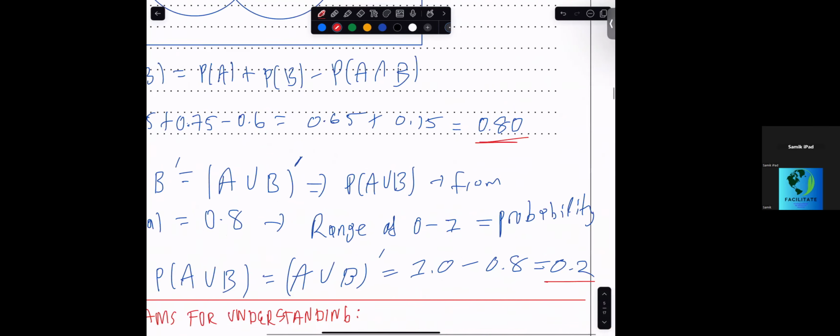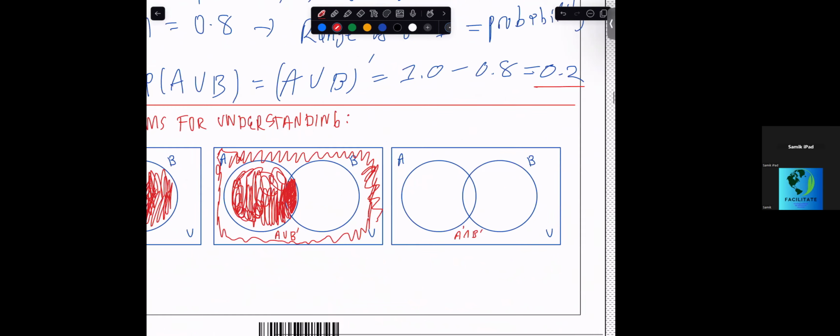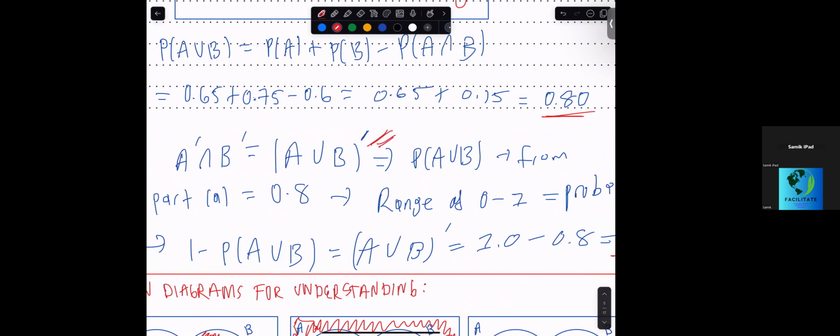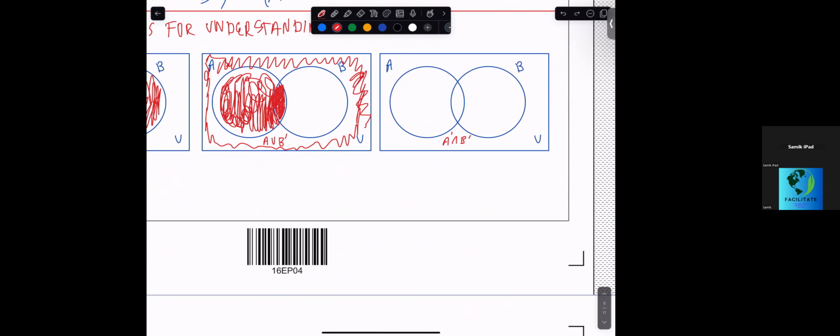So how would that look on a Venn diagram? Okay. So this essentially, like we said, means this, right? Means this. So what this means, it's quite simple. It's just all of this outside portion, nothing else. Only the outside portion. That's it. As simple as that.